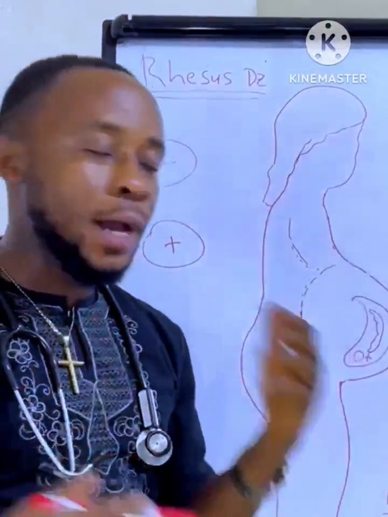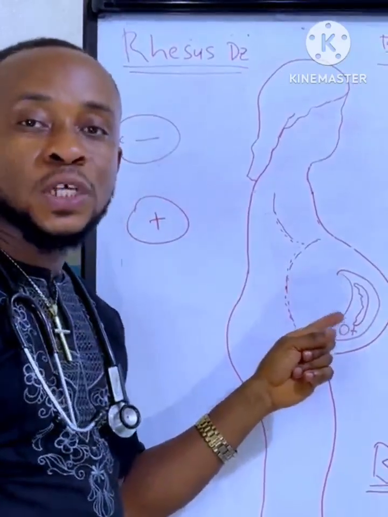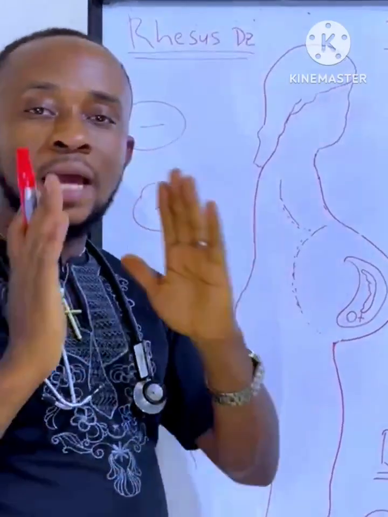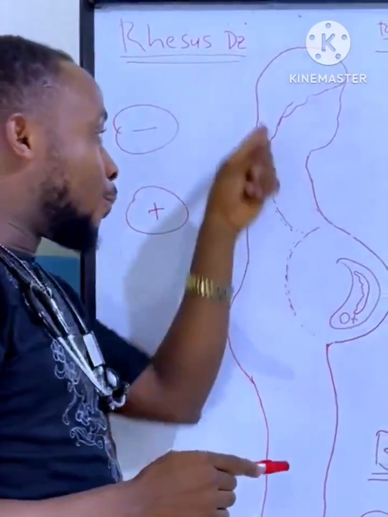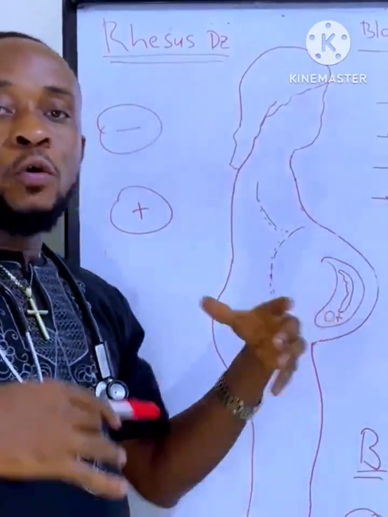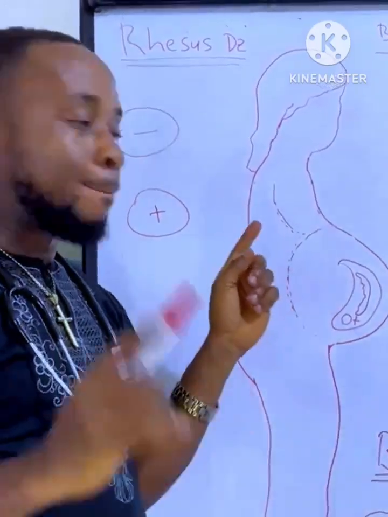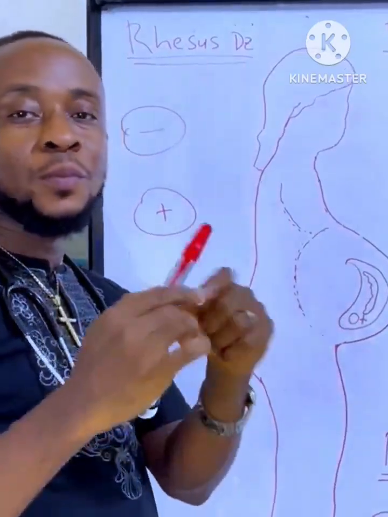What can happen now is that the O positive, which is the Rhesus protein of the child, and the mother's O negative are not compatible. In that sense, the mother's body will signal the positive sign of this child's blood, because the child's blood can sometimes mix with the mother's blood.